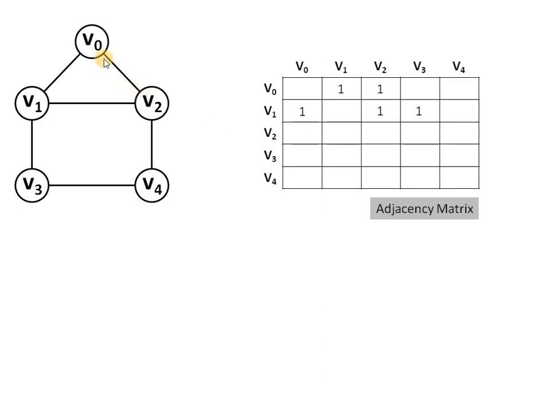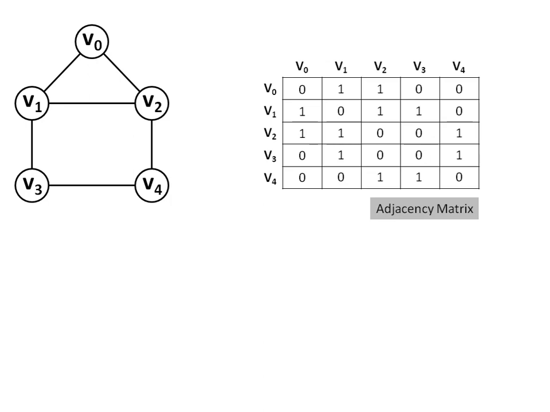Then V2 is connected to 3 vertices again, V0, V1 and V4, so we put the corresponding entries as 1. We have to repeat this process for each and every vertex. Now V3 is connected to V1 and V4. And finally V4 is connected to V2 and V3. So these are the entries which will remain 1. For all the other entries we have to put 0 because those edges are not present in the graph.